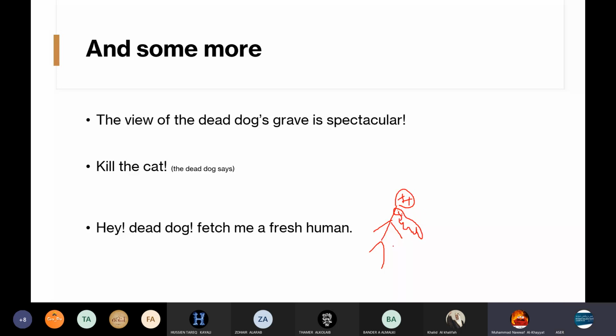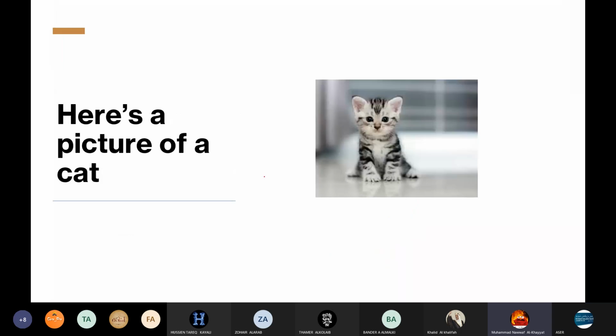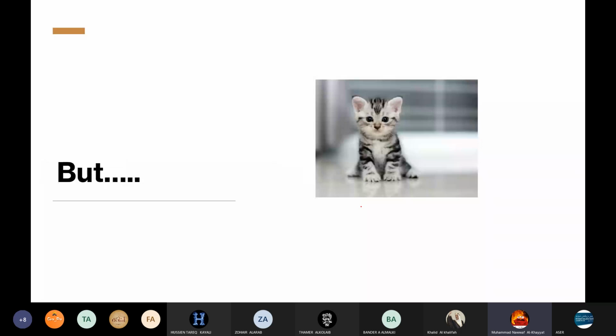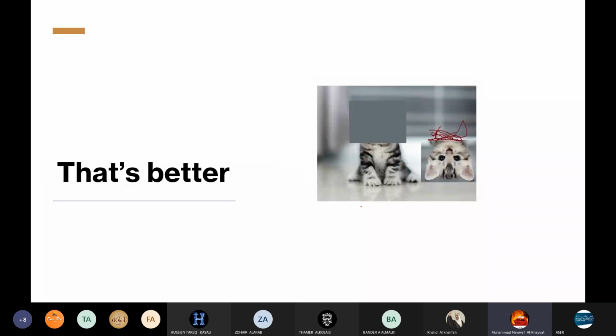There you go. More like Willard, but okay. Hey, there you go. Here's a picture of a cat. Now give me marks. But this is better. Why did you cut it? Come on. I don't even know at this point. I looked at it, I was like, maybe I can cut it. Alright, so go back please to the awesome examples. There you go. Replacement head.